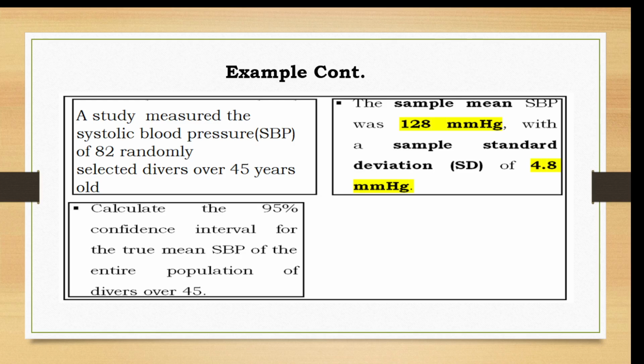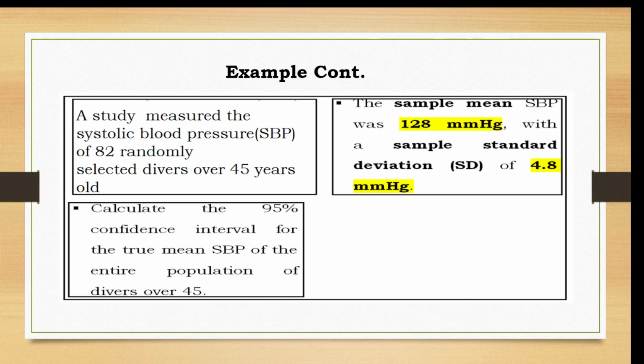To deepen our understanding of the calculation, let us look at the following example. A study measured the systolic blood pressure of 82 randomly selected divers who are over 45 years old.